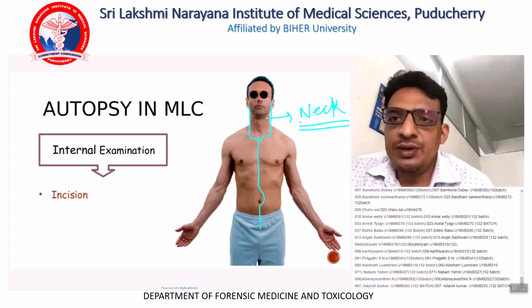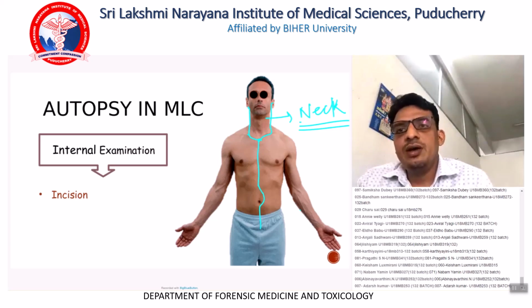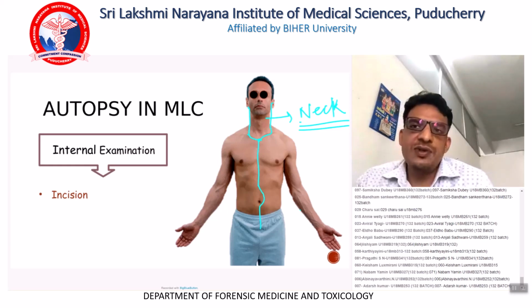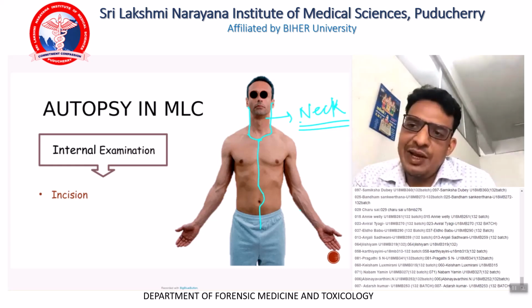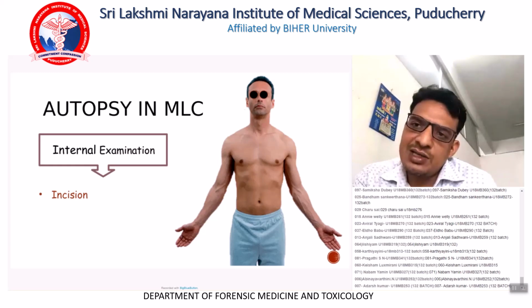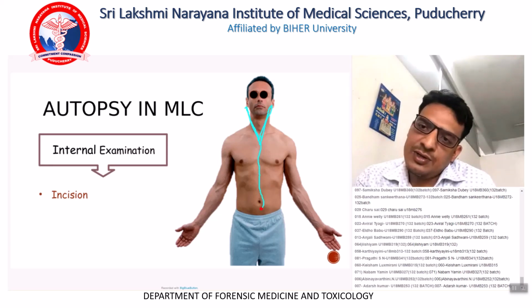Usually, in all cases, we should examine the neck. Another variation that you may see in different textbooks is that the Y is made like this, and the modified Y is made like this, stretching downwards. Okay, modified Y.